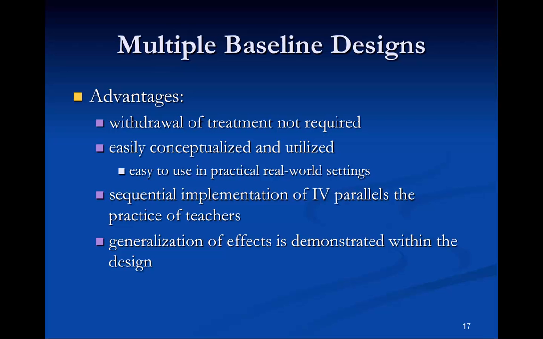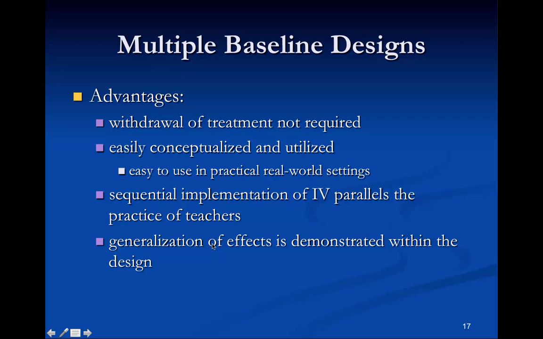I don't want to make this more complicated than it is. It's pretty straightforward. Teachers seem to like this because it makes sense to them, even more than a reversal. Reversals, a lot of people have problems with reversals. They think, well, why? Wow, you're going to bring it back? That's a bad thing. But the logic behind a multiple baseline design, I find parents, teachers, they get it. They get the logic of why you'd want to do this.